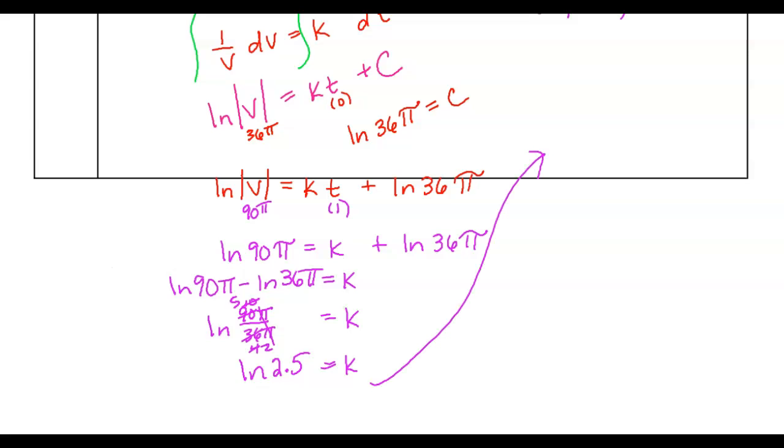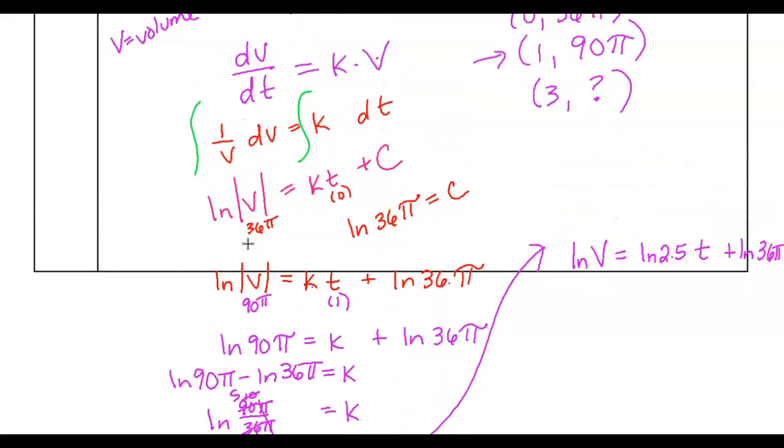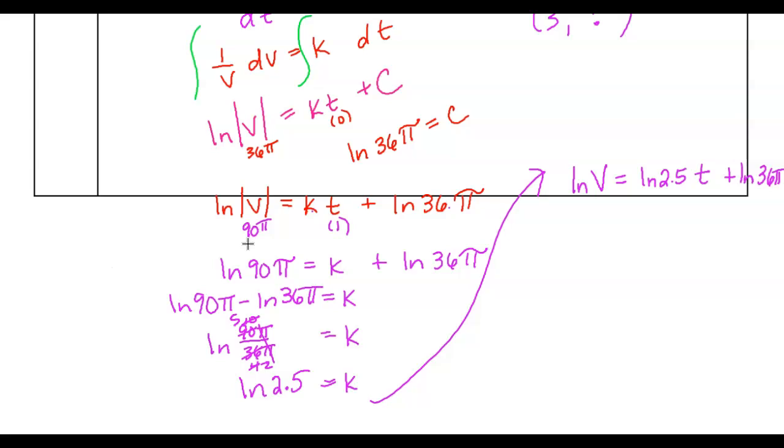So plug it back into our equation, which was in red. We have the natural log of V is equal to kt. So natural log of 2.5 t plus natural log of 36 pi. And what do they want? They want to know the volume when t equals 3. So if t equals 3, then we can solve for V. And I don't solve for V before I plug that in.